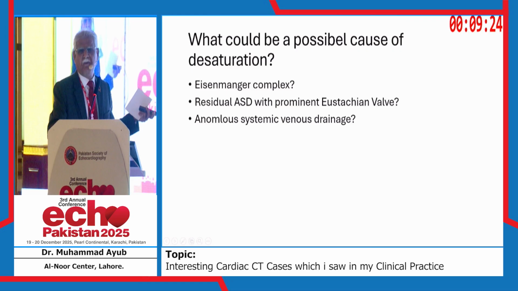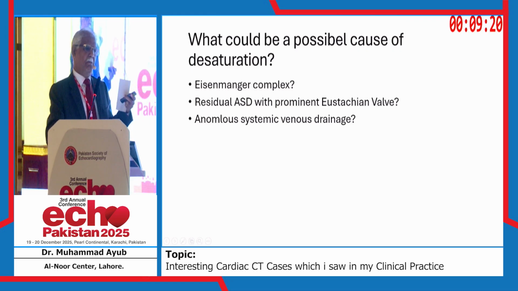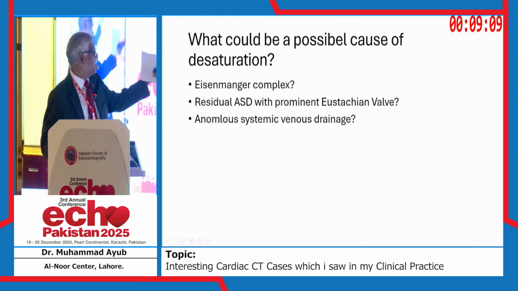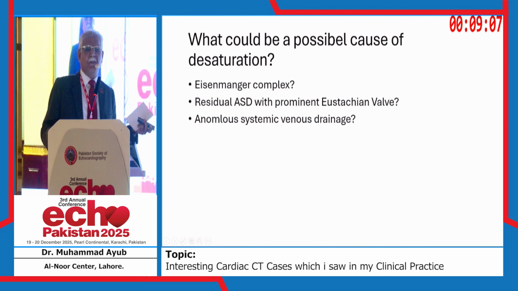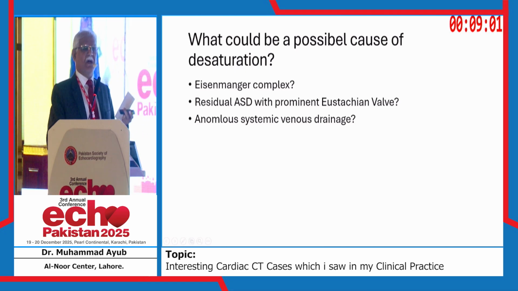So what are the different possibilities? Why should she become cyanotic or short of breath or hypoxic after ASD closure? Any guess? One possibility is that she might have been a case of Eisenmenger, but that is not the case because the pulmonary pressures were low preoperatively.